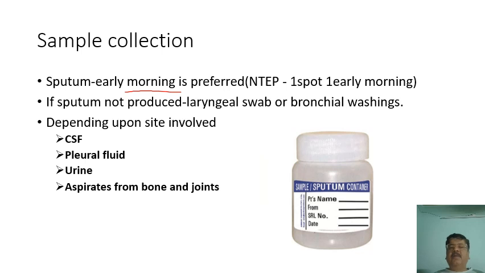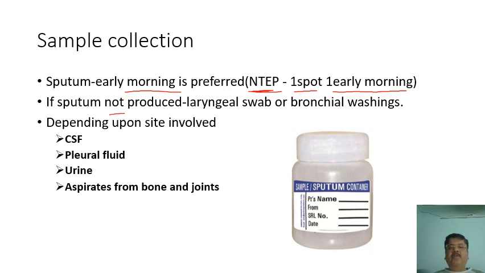Therefore, there was a modification by RNTCP, now called the National Tuberculosis Elimination Program, where one spot sample, whenever the patient approaches the healthcare system, is collected, and then we give the container and ask the patient to give the early morning sample the next day.